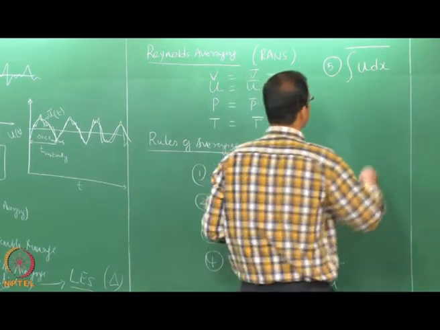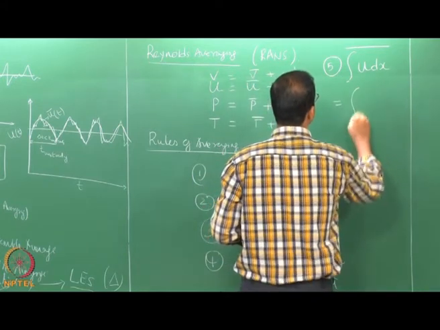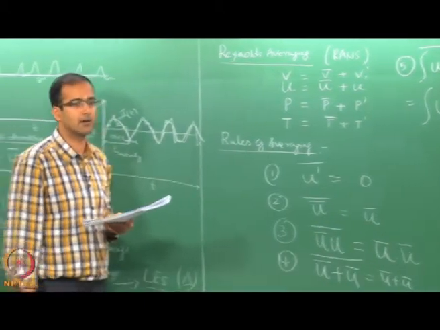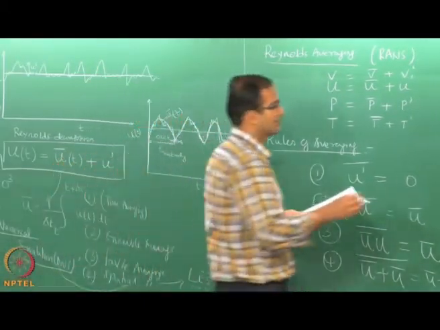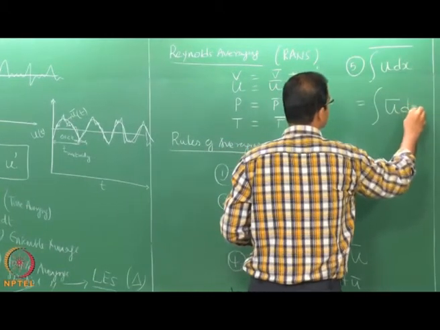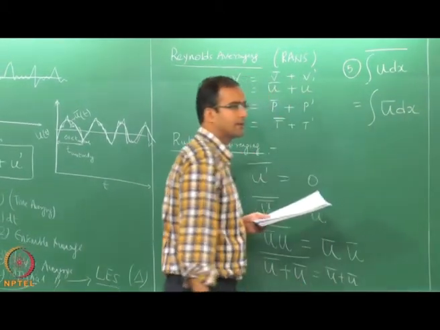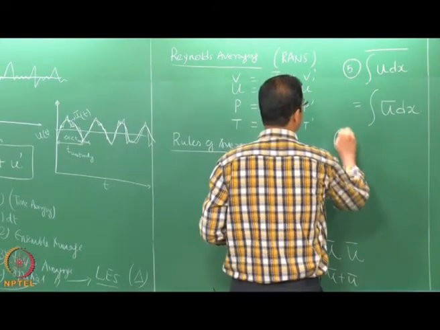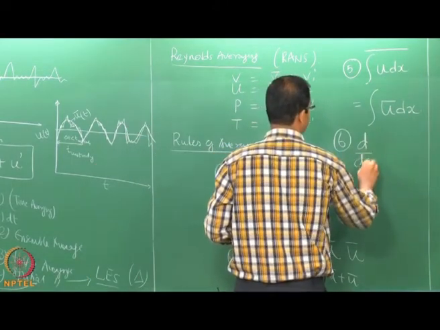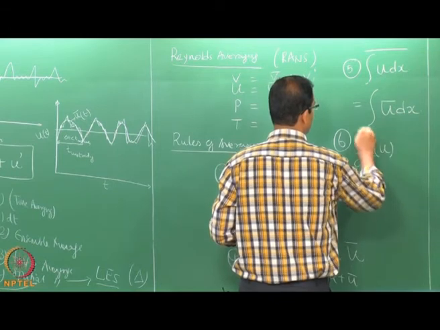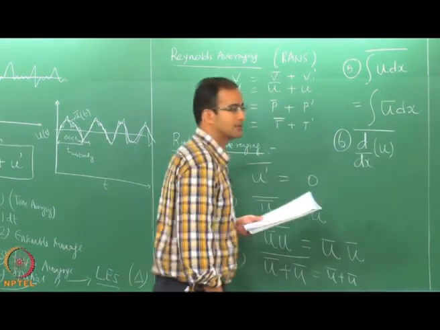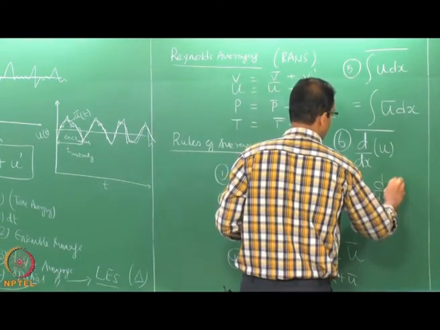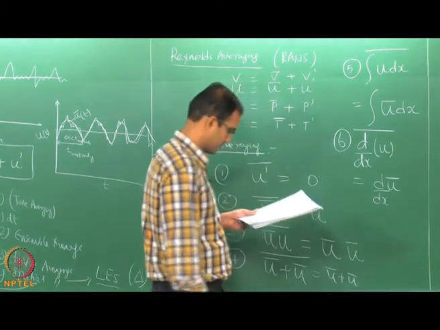So, if I apply the averaging to the instantaneous component, it returns the mean: integral u bar dx. The same thing can be applied to the differentiation operator also. If I say d by dx of u and then apply the mean to this entire thing, it will return d by dx of u bar.